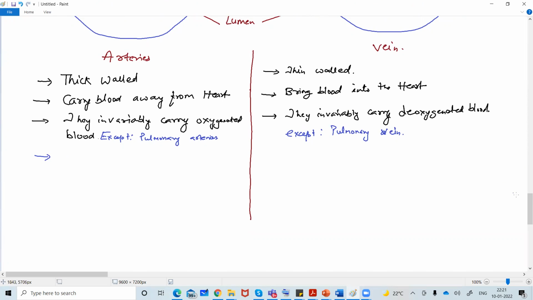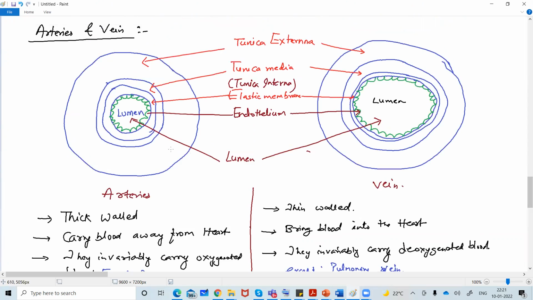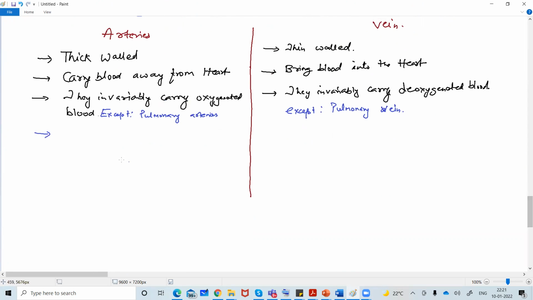The lumen of the arteries is very small with respect to the vein. So blood is flowing with high pressure. Pressure is inversely proportional to area. That's why in veins blood is flowing with low speed.